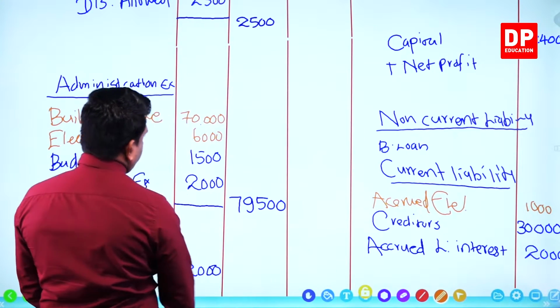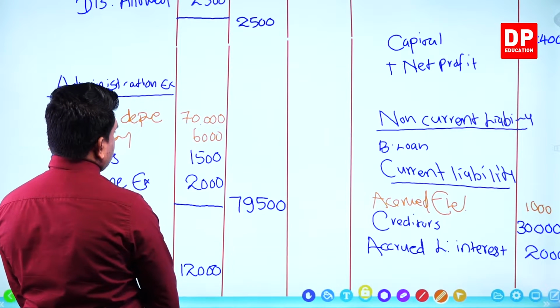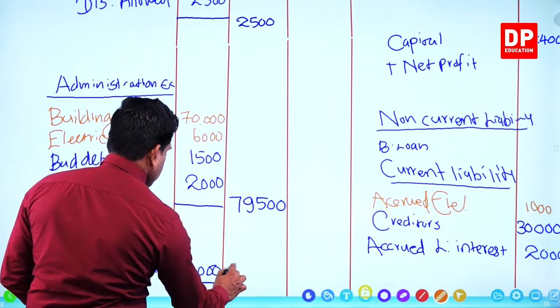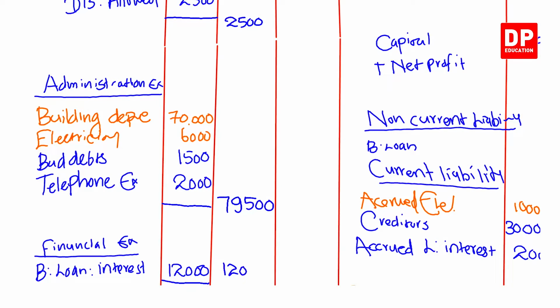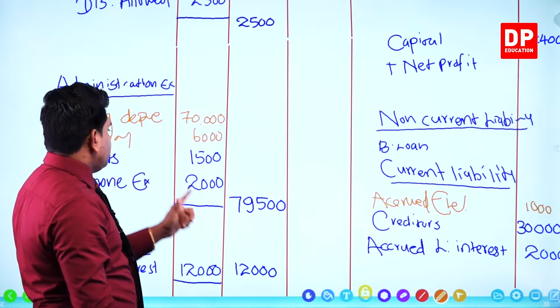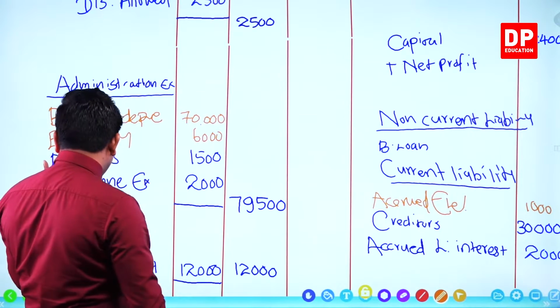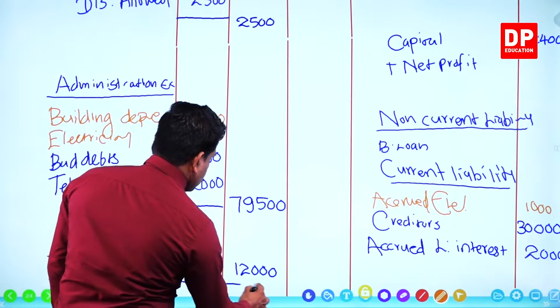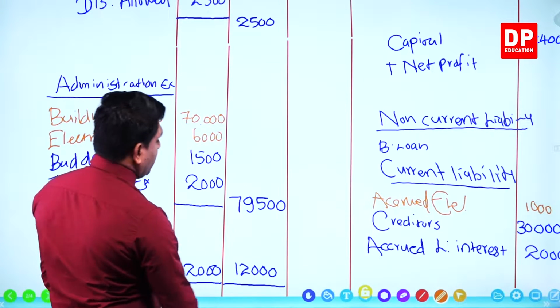You also do with me. Here 12,000. These are the total expenses. Under the heading of distribution expense 2,500. Total of the administration 79,500. Total of the financial 12,000. You add this all, right? These are the total expenses.